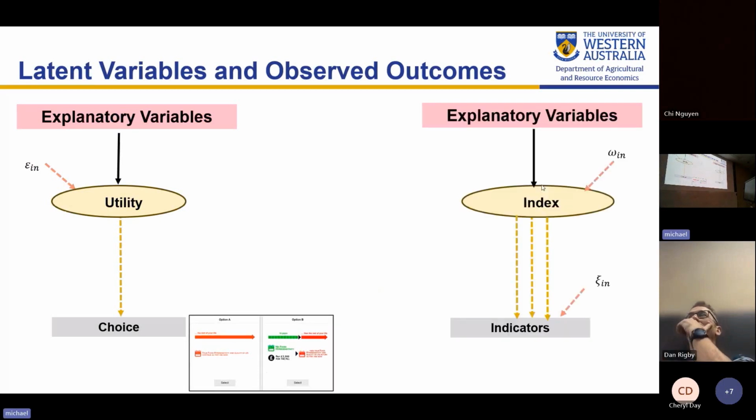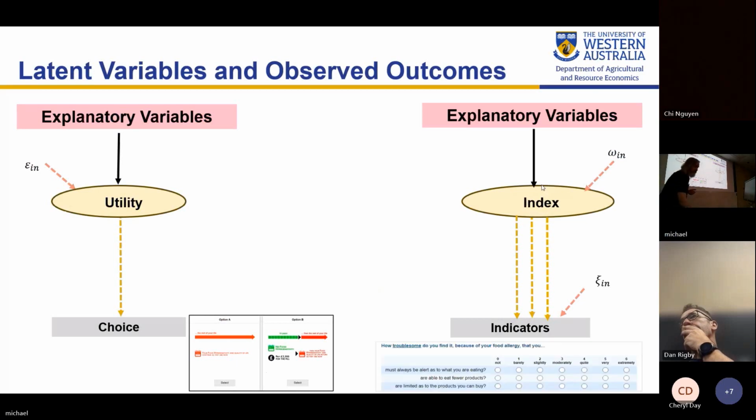Well, let's assume that they were doing the same thing when they were answering our indicator scores. So they do have this underlying sense of the impact of this condition on their life. They've got all these indicators. The little blue box is just all of those 29 questions that they've answered. So we're going to infer that the answers they gave to those indicator questions were being driven by this underlying unobservable measure of their condition, which is the index.